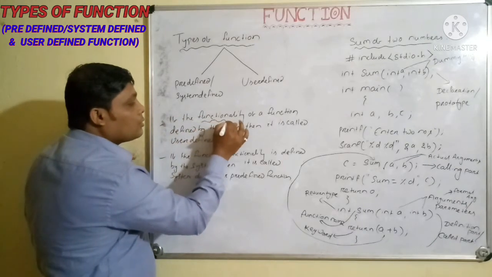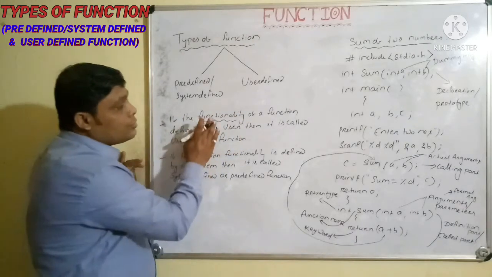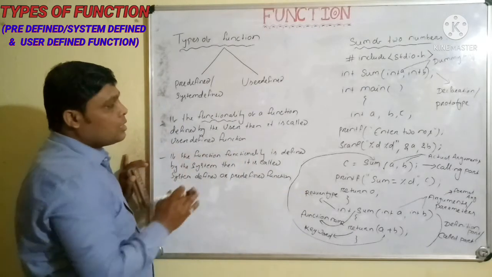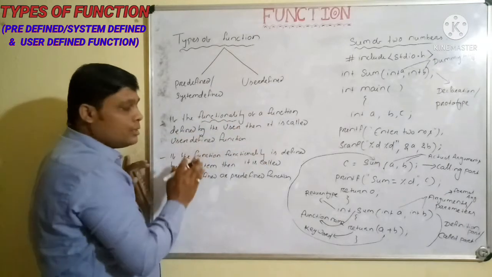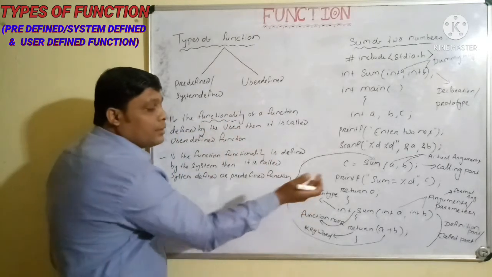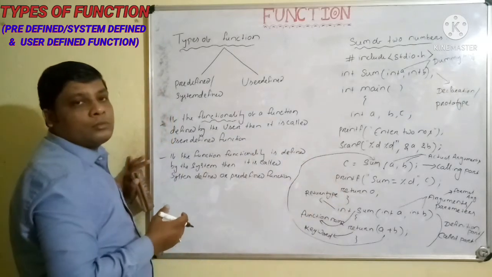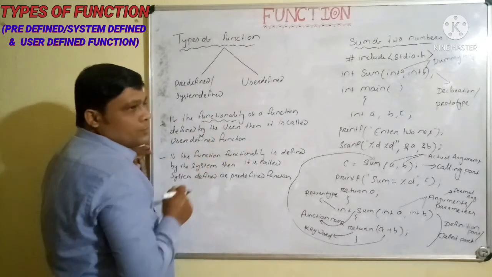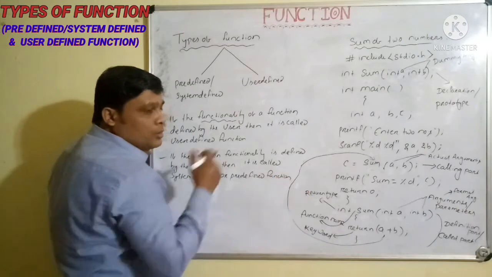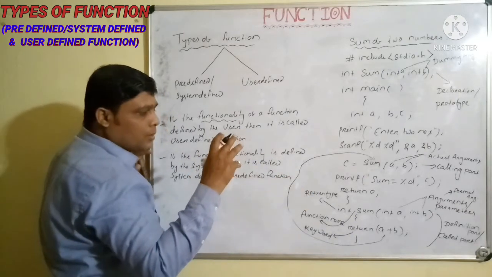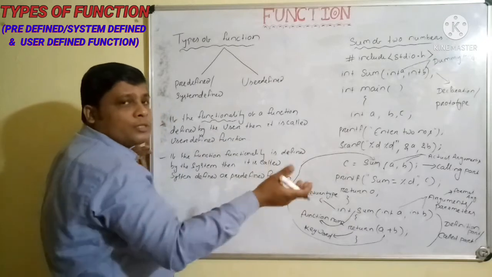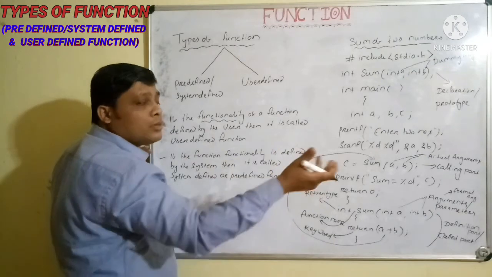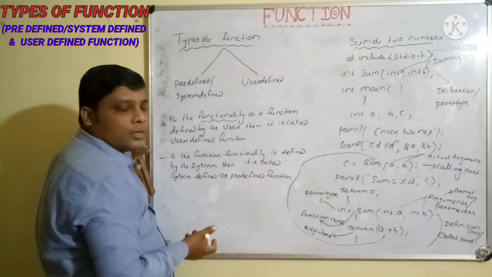If the functionality, what is most important? Functionality means what that function will do. Functionality of a function means what that function exactly does. That is called its functionality. Suppose we are taking some function, it is adding something, it is calculating sum of something, 2 numbers or 3 numbers. If we are taking the multiplication function, it will find the multiplication of 2 numbers or 3 numbers. Clear?